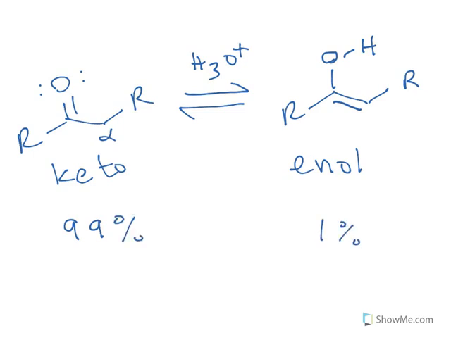So if you put a ketone in acid that can form an enol, you're going to expect about 1% of it to form that enol. There are other factors at play. The nature of the R groups can really change this ratio, but for the most part, we're just going to say that it mostly exists in the keto form.